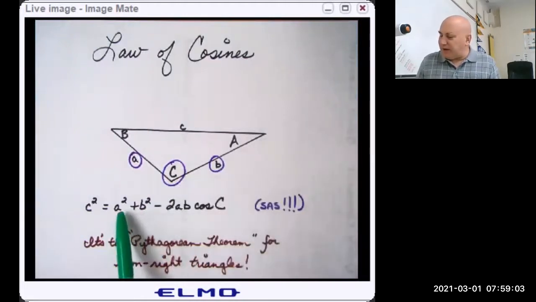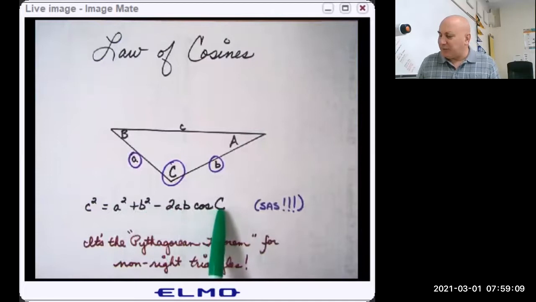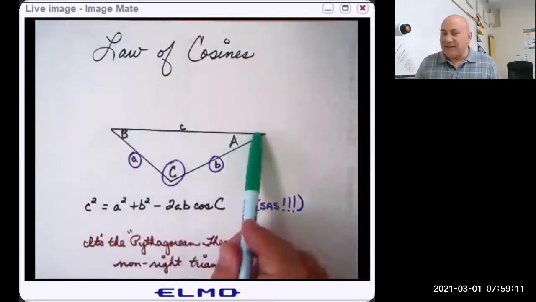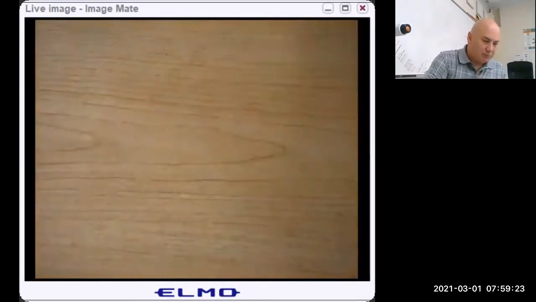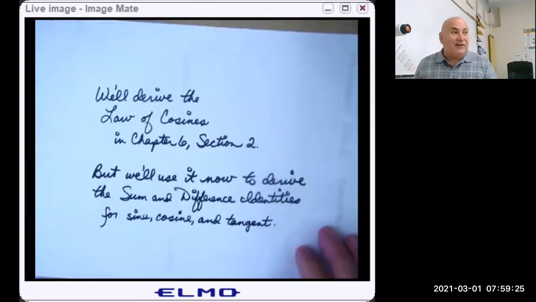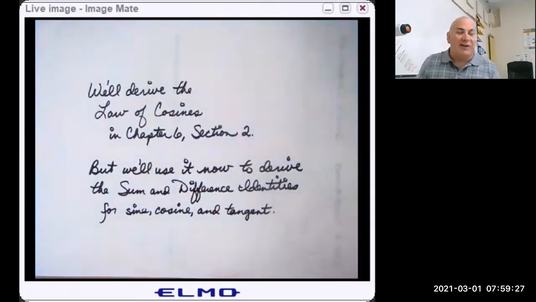So you see that if we know side a, side b, and angle C, we can get side c. So this is a side-angle-side situation. So here's the formula that we need. And as I said, we don't know that law of cosines yet, except for what I just showed you.